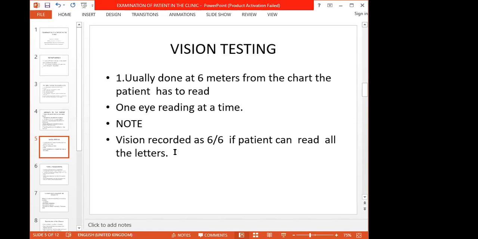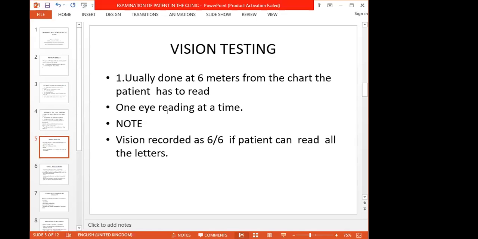Coming to testing the patient now, this is an eye clinic. We are assuming they are coming for an eye problem. The first thing you do is vision testing. It's usually done at 6 meters from the chart the patient has to read.